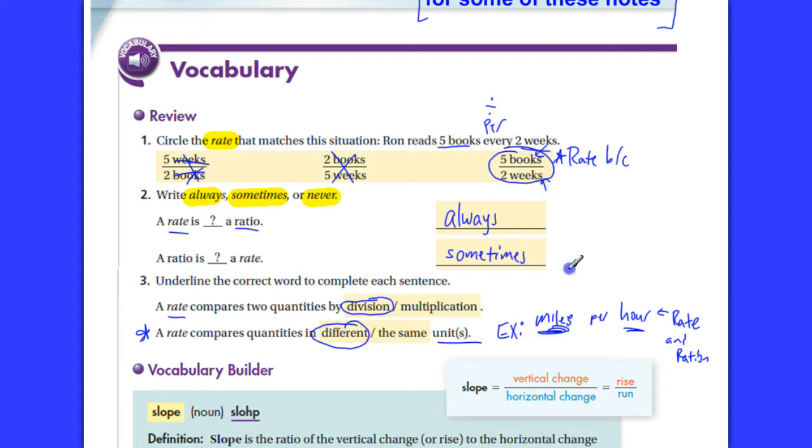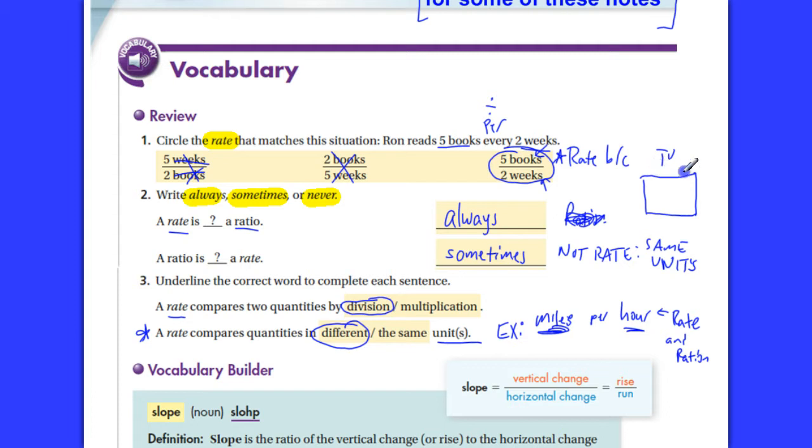These are different. Now a ratio, if it's not a rate, that would mean it would have the same units. But it would be a ratio. Let me give you an example because it's so hard to explain. Imagine this is a TV, and I'm just going to make up these dimensions.